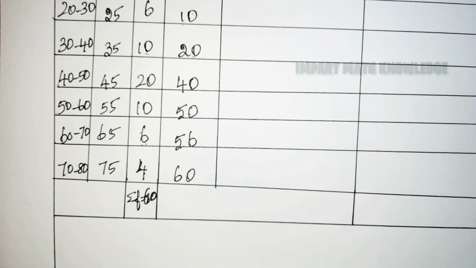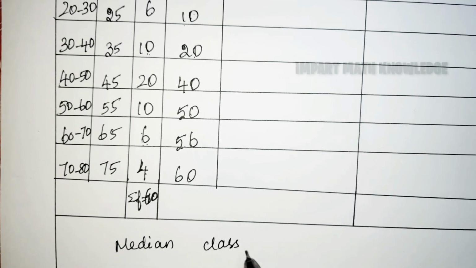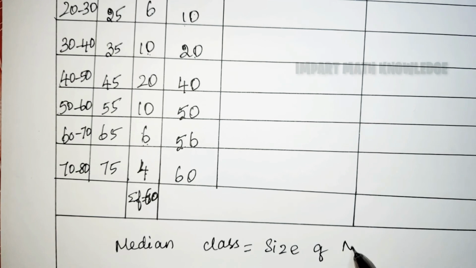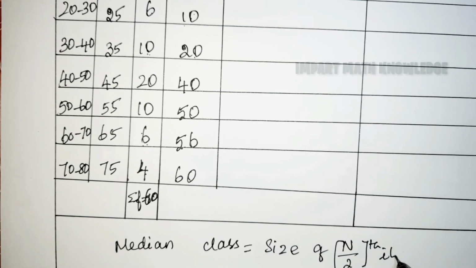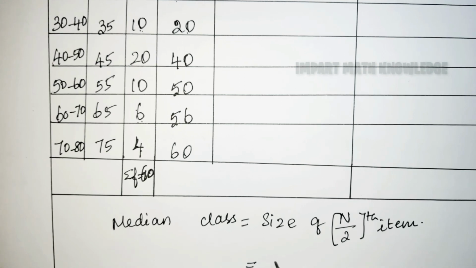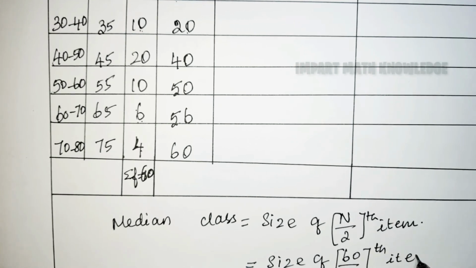In the continuous series, first you have to find the median class. Median class is equal to size of n by 2th item. Here n is equal to total frequency, that is size of 60 by 2th item.